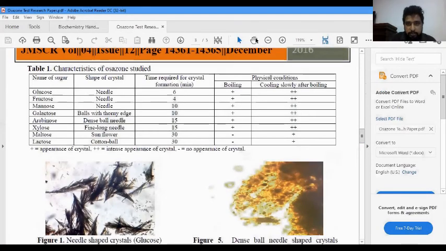Excuse me, sir. Yes. When we are writing the reports, do we need to draw the instruments that we use? Instruments means what? Things we use in the practical, for example the Bunsen burner.